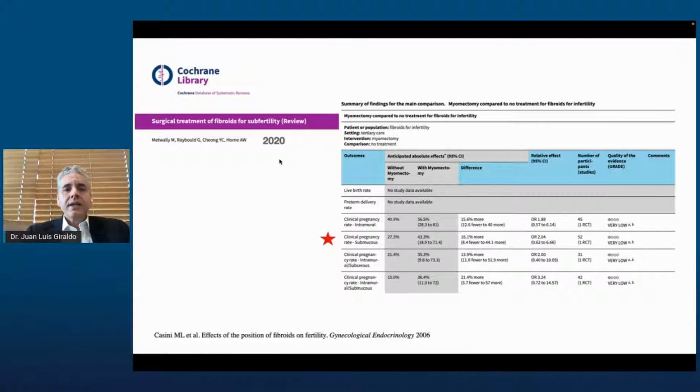Nevertheless, in 2020, Cochrane published a systematic review about surgical treatment of fibroids for subfertile patients. And they reported that patients with submucous fibroids that were taken to myomectomy compared to those that were not taken to myomectomy didn't have a statistical difference in terms of their clinical pregnancy rate.